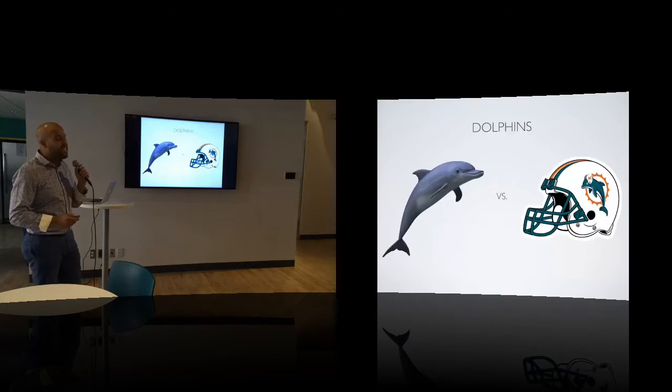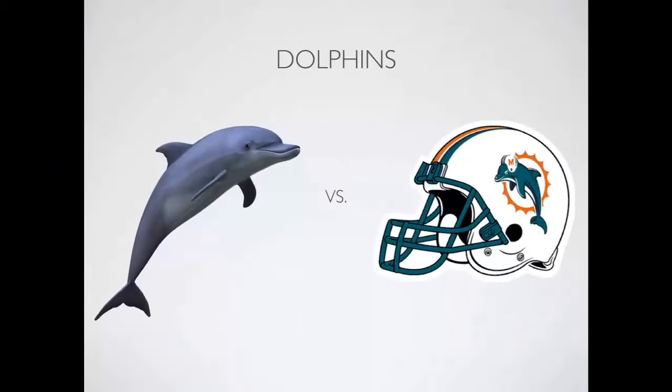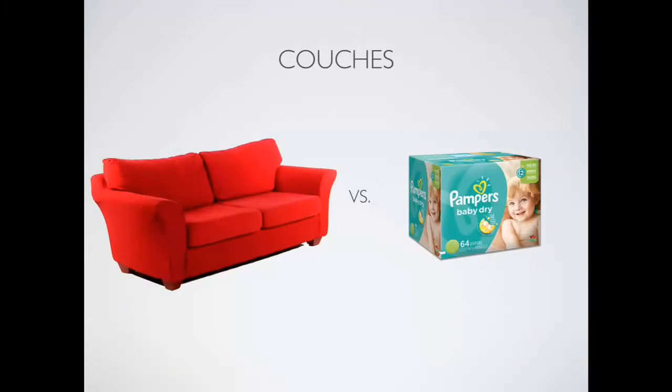So let's go through some examples of the disambiguation that a regular search engine has to go through. Dolphins. Is the user maybe a fourth grader trying to do an essay or homework about the mammals? Or is it a college student looking for dolphins rosters? Couch or couches, what is the user actually looking for?